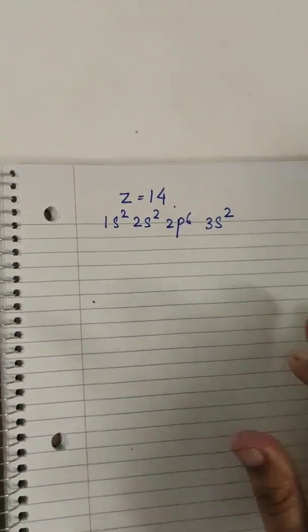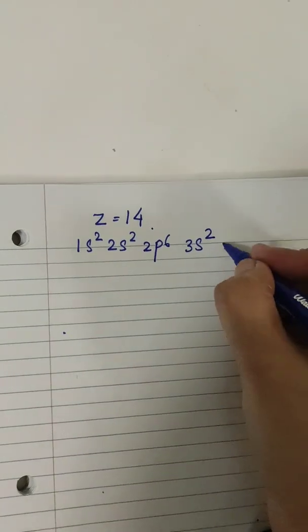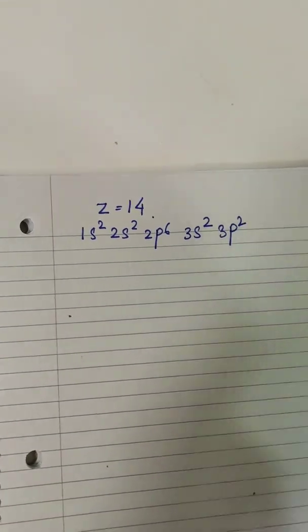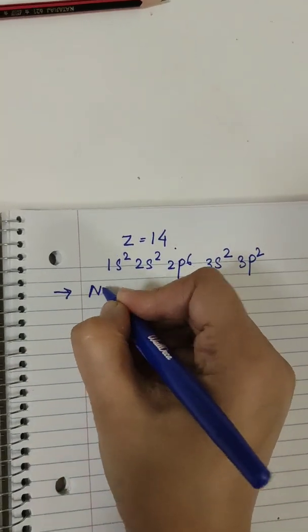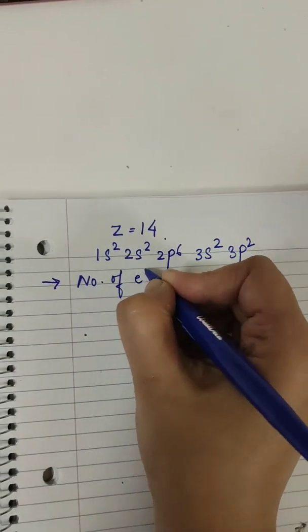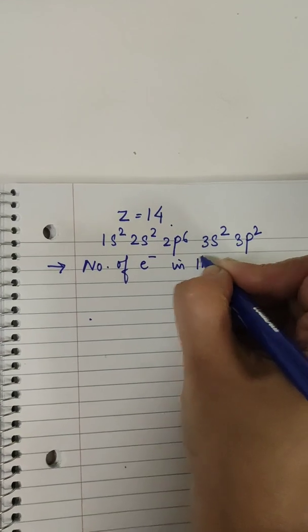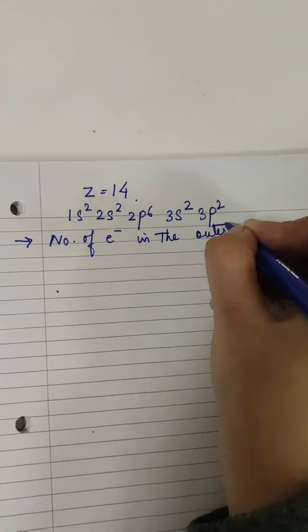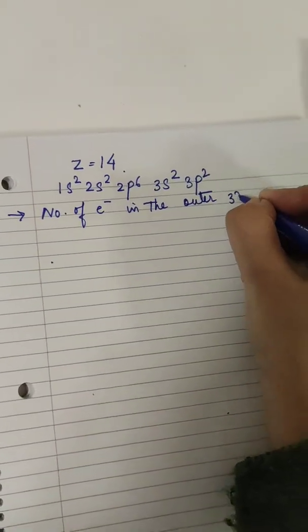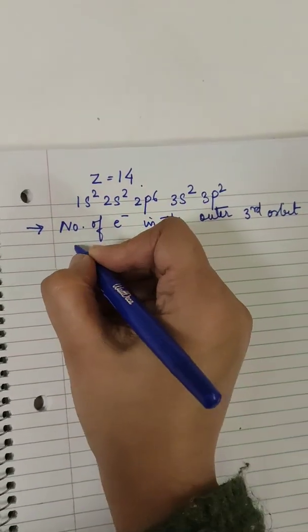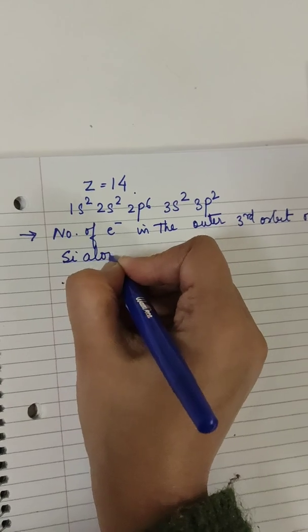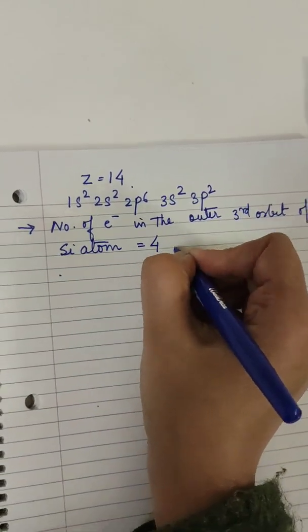Let us count: 2, 4, 10, 12, 14. So the number of electrons in the outer third orbit of a single silicon atom is 4, right?